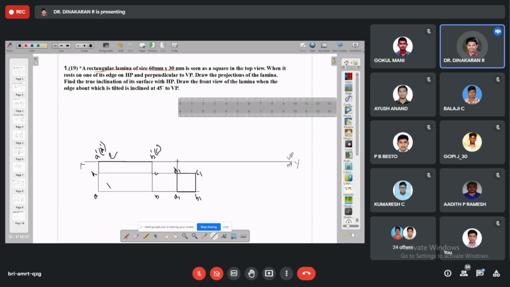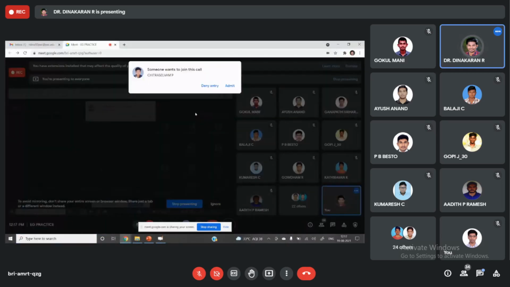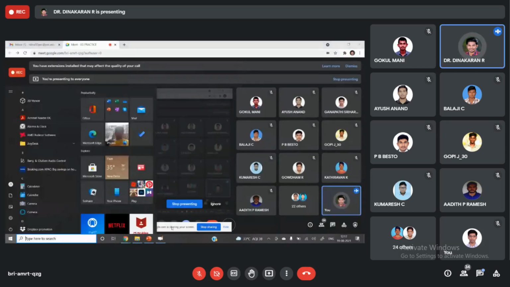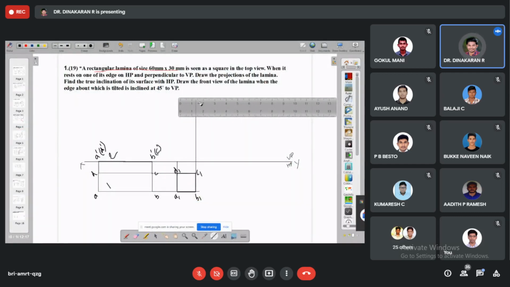They told us an inclination, but we do not know the exact dimension, so directly draw a vertical line. I am keeping A1, D1 directly on the reference line. Why am I placing A1, D1 directly on the reference line?